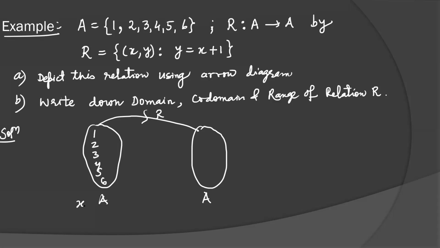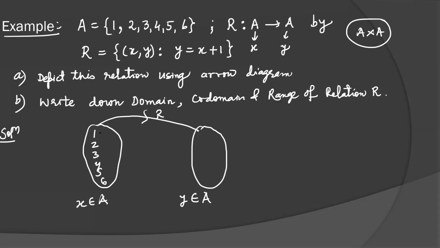We take an x element from here, and a y element from here. The Cartesian product will be A cross A, because set B is also equal to A here.